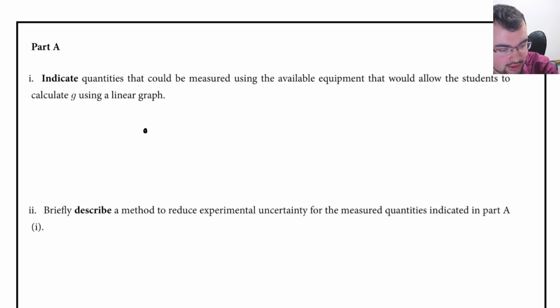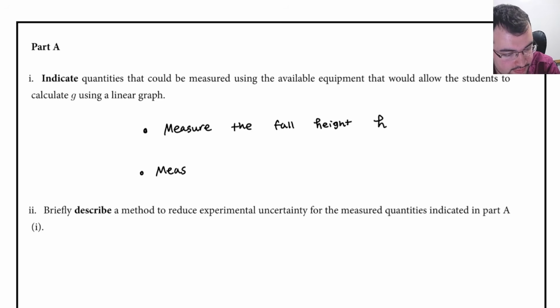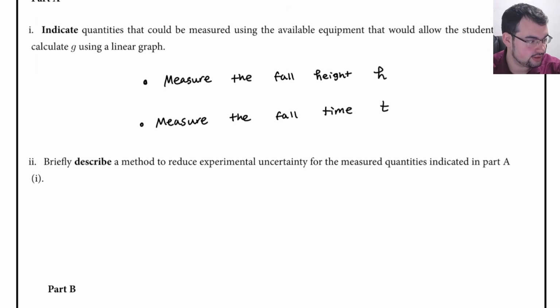We can measure the fall height, h, and we can measure the fall time, t. That's how you get A1. You just have to say measure h and t.